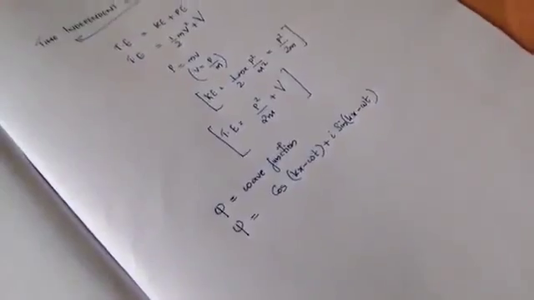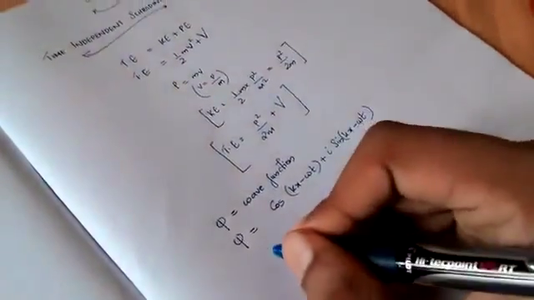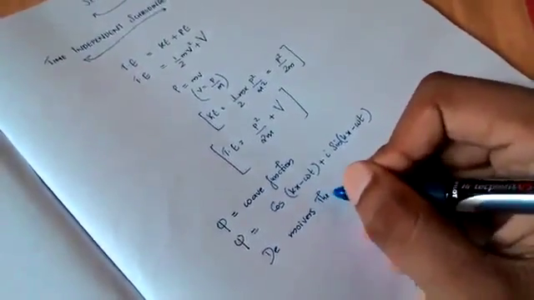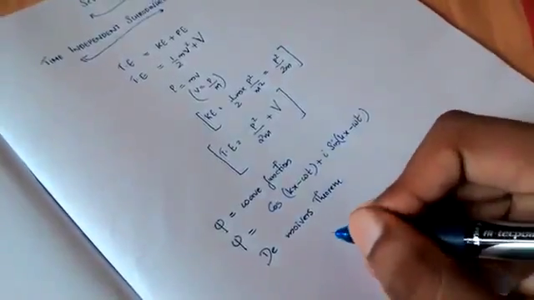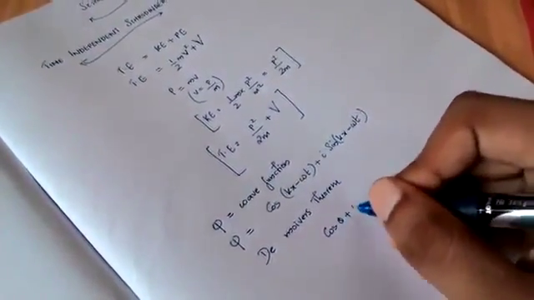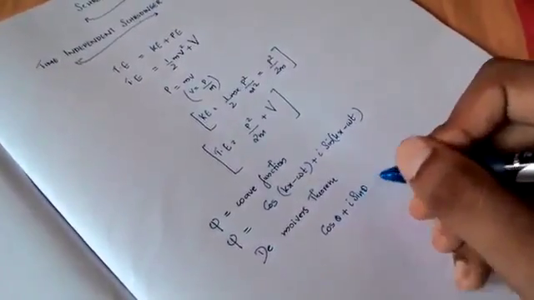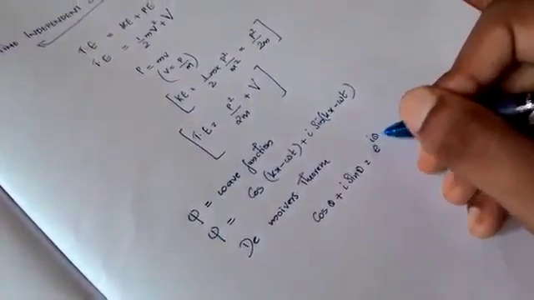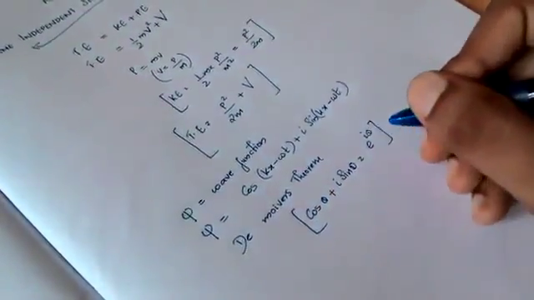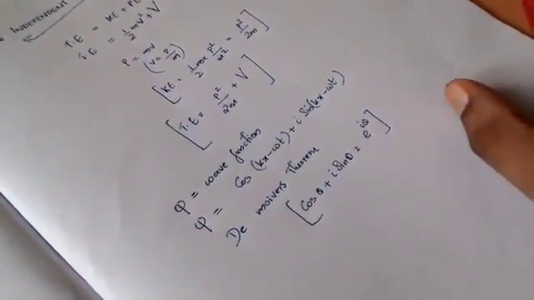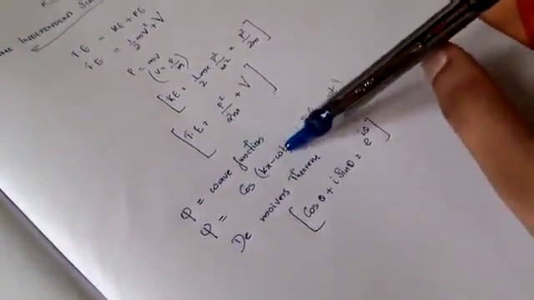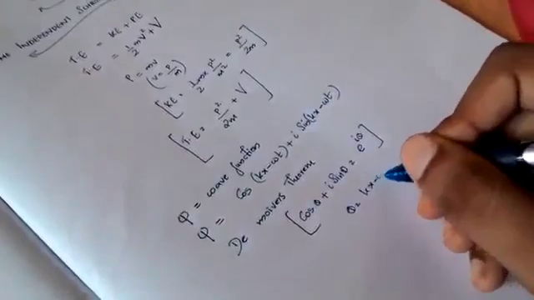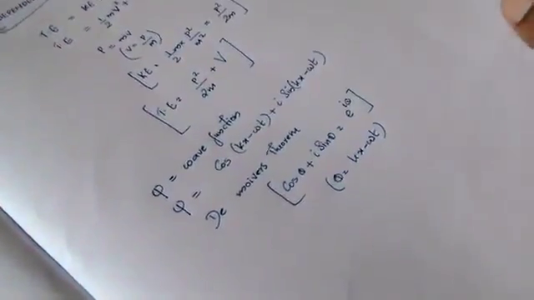From basic trigonometry, we know de Moivre's theorem, which gives the result cos theta plus i sin theta equals e to the power i theta. That is the polar form, and here theta is represented as kx minus omega t.